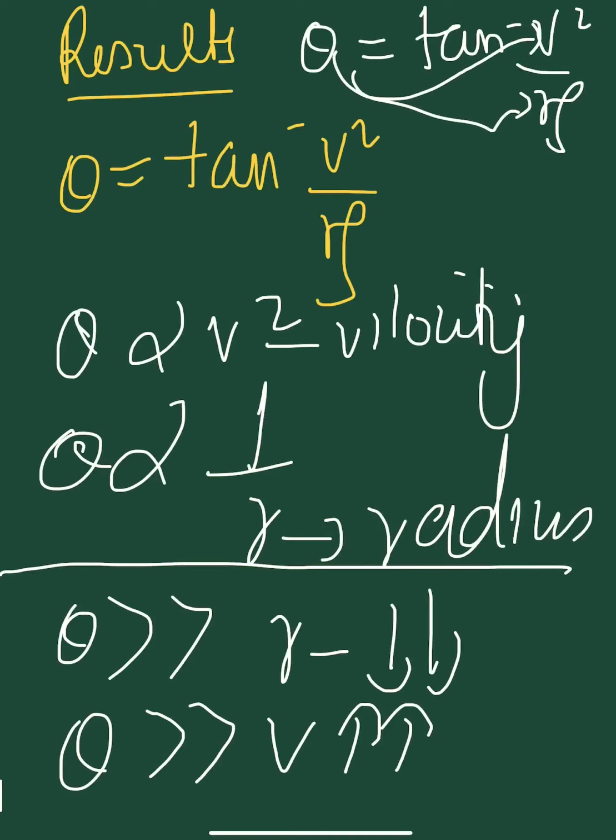So a cyclist who is going faster would bend more, and the cyclist who has a sharper turn on the path will bend more. You can be given this analytical question, which cyclist will bend more? And this is the simplest way of solving it.